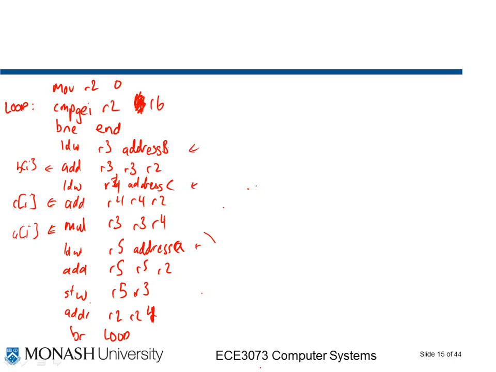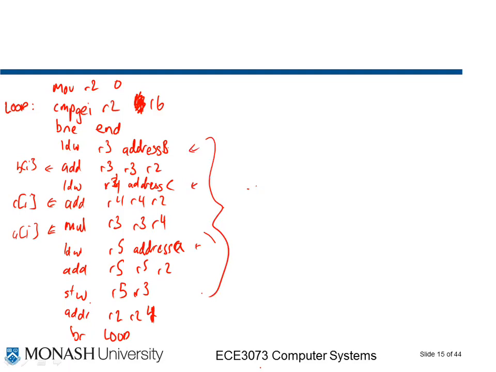Well, the advantage is, if you loop unroll with this code here, what do I gain? What I would have is basically this same code repeated again before the branch statement, but with an offset of 4. Do I gain anything from that? Speed. How? Because it doesn't have as many branches.